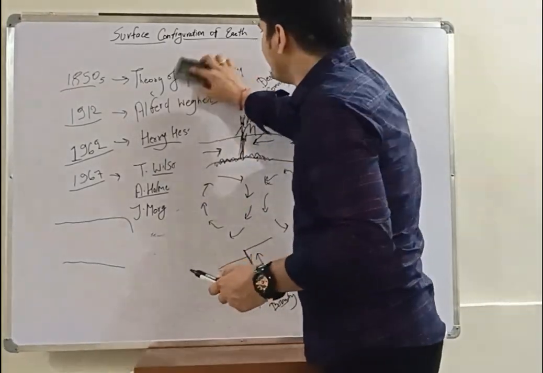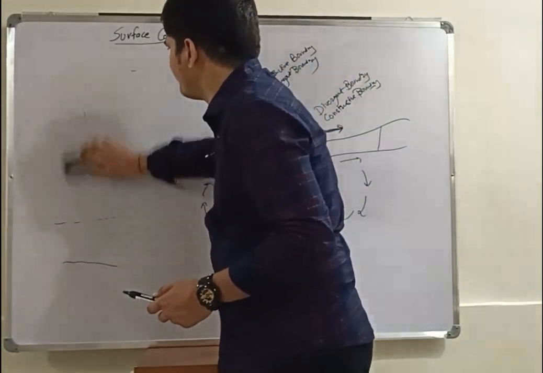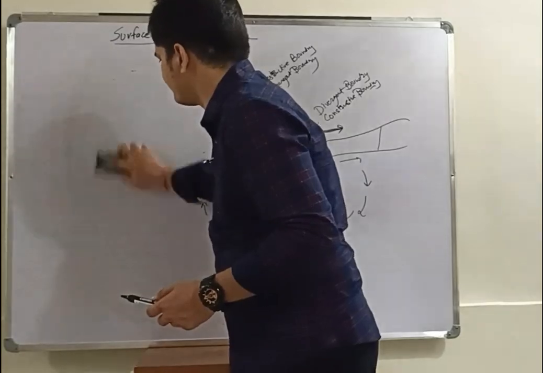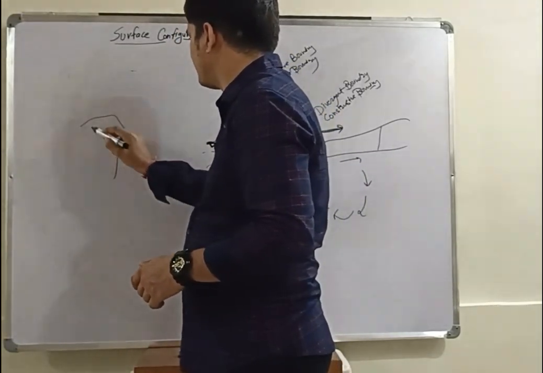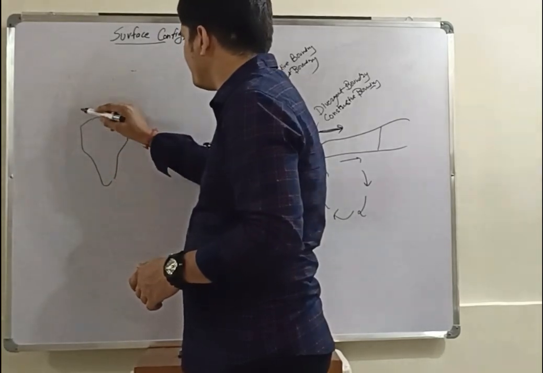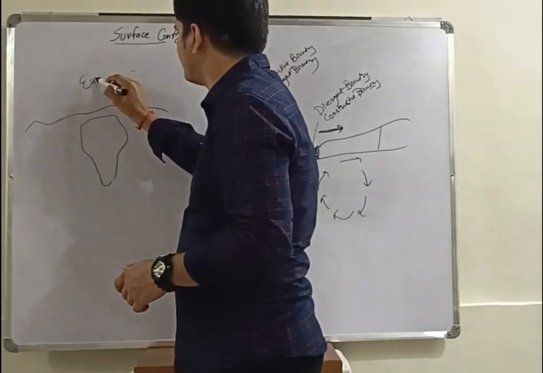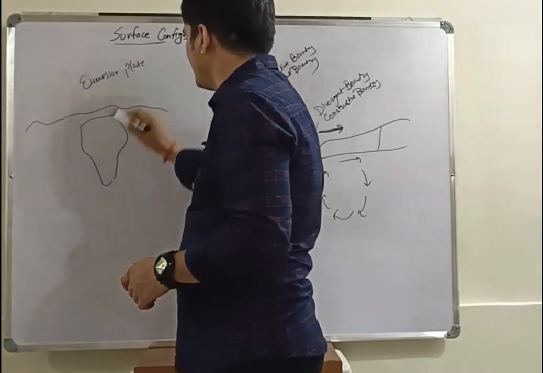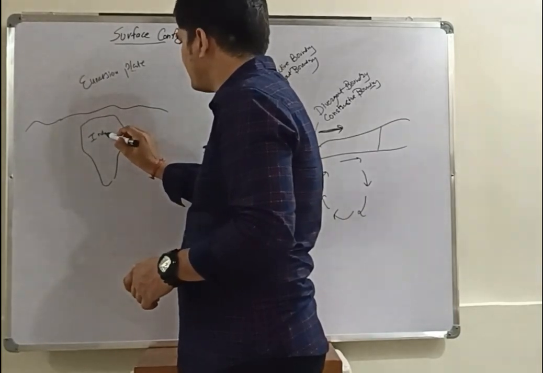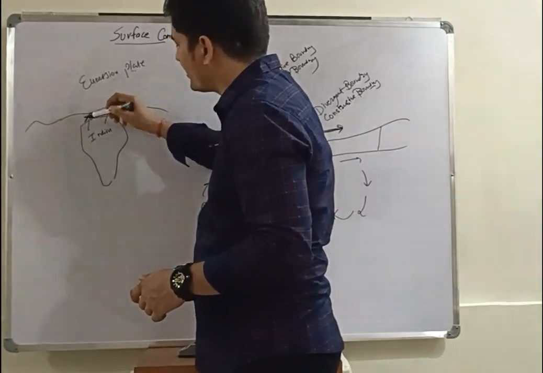Like if we take the formation of the Himalayas, the Indian plate is moving toward the Eurasian plate, and this is the Indian plate. When it moves toward the Eurasian plate, it forms a convergent boundary.